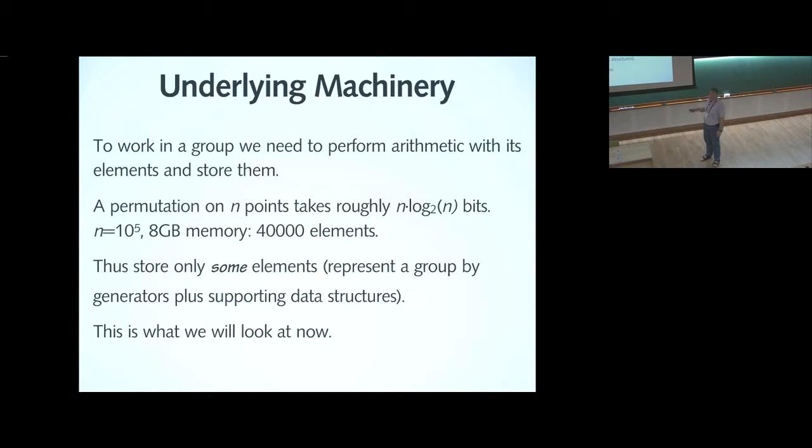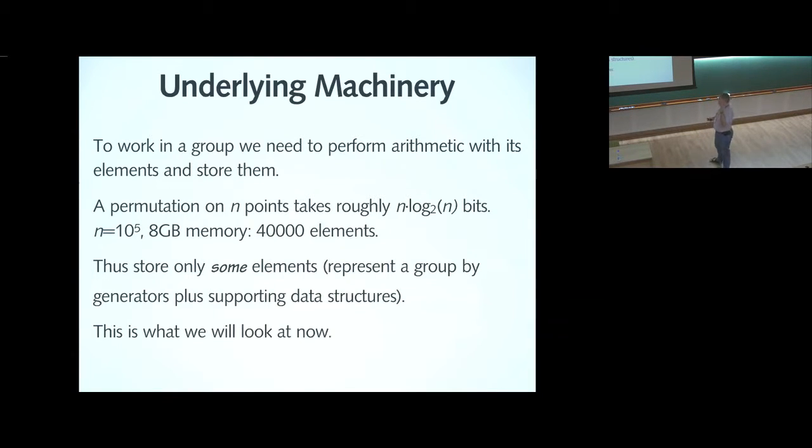Well, we want to work with larger groups, so we cannot assume that we could write down all elements of it. What we want to do, and what we need to do, is to store only some elements and then represent a group by a generating set and some supporting data structure which might store some further elements.